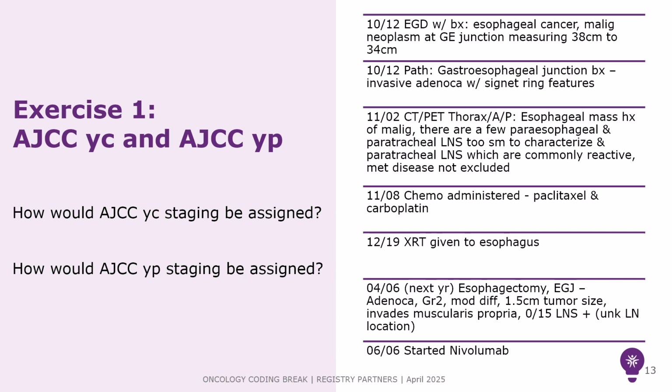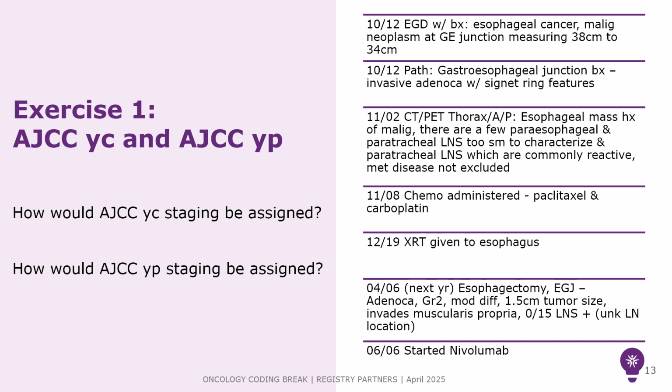On November 2nd, the CT PET thorax abdomen pelvis showed the esophageal mass, history of malignancy. There were a few paraesophageal and paratracheal lymph nodes, too small to characterize, and paratracheal lymph nodes which are commonly reactive, metastatic disease not excluded. On 11/8, the chemotherapy was administered, and on 12/19, the radiation was given.